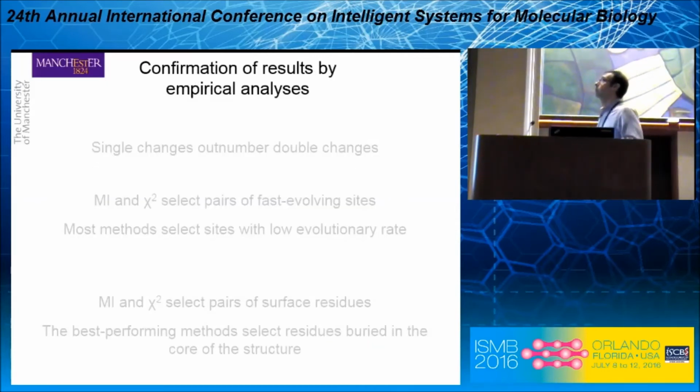So then we decided to test some of our predictions analyzing covariant positions within well-defined phylogenetic scenarios and big alignment datasets. We used several covariation metrics in order to select different subsets of covariant positions.